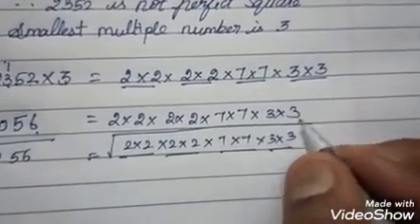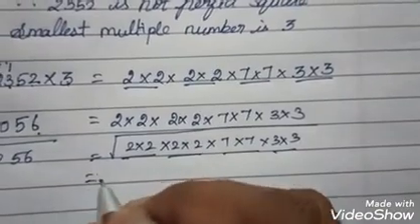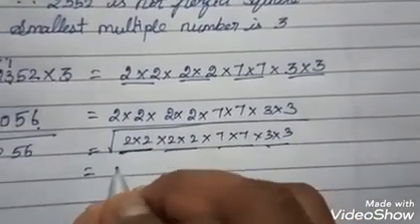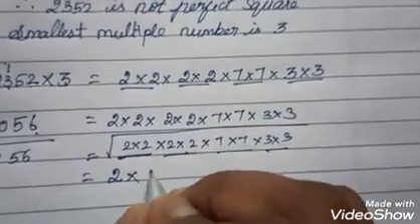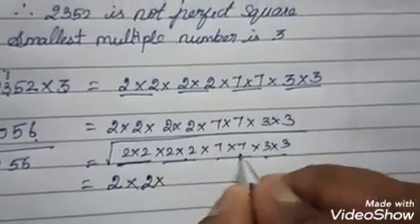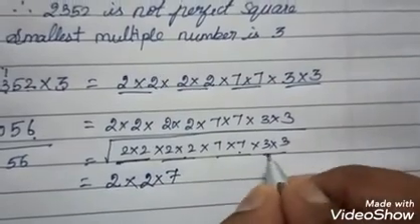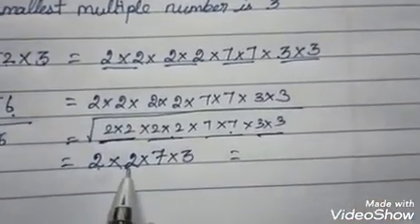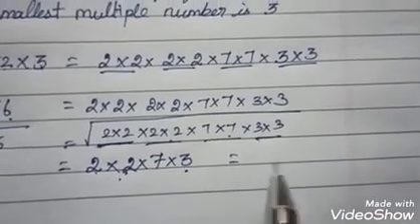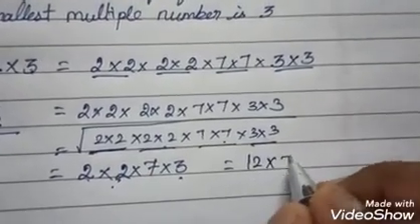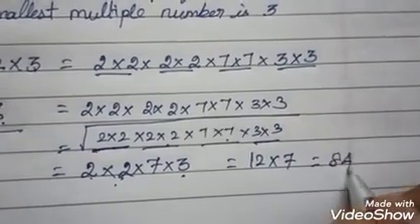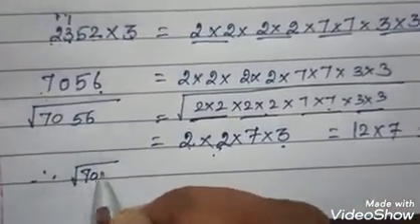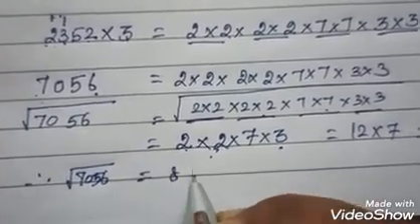You need to take 1 out of each pair. In this pair you take 1 2, in this pair you take 1 2, in this pair you take 1 7, in this pair you take 1 3. So now what is the value? 2 2s are 4, 4 3s are 12. So 12 into 7 gets 84. Therefore the square root of 7056 is equal to 84.